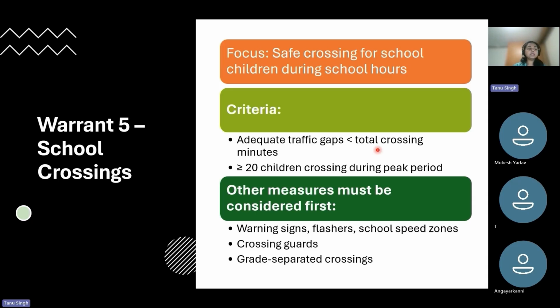The other measures that are to be tried first are the signs, flashers or school speed zones, then the crossing guards or grade separated crossings. So here the signals are installed only when other safety measures are insufficient.